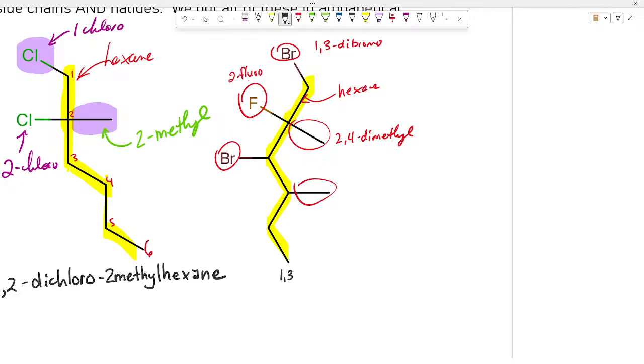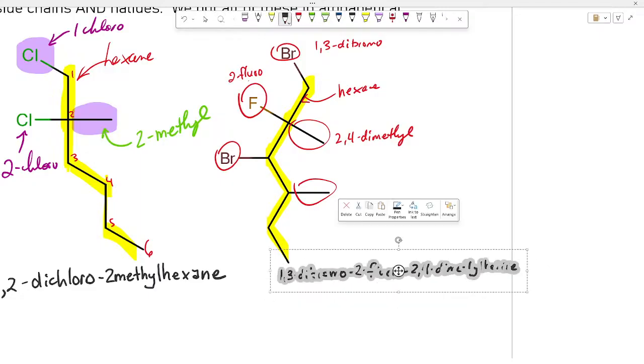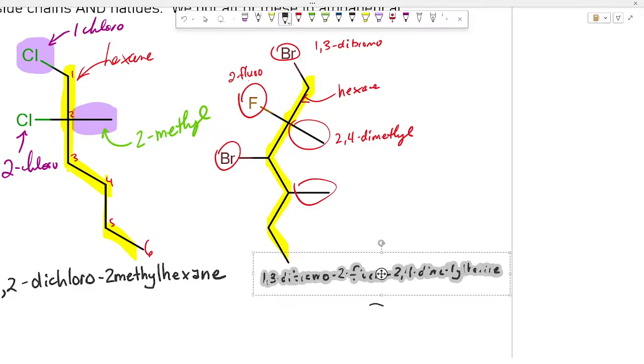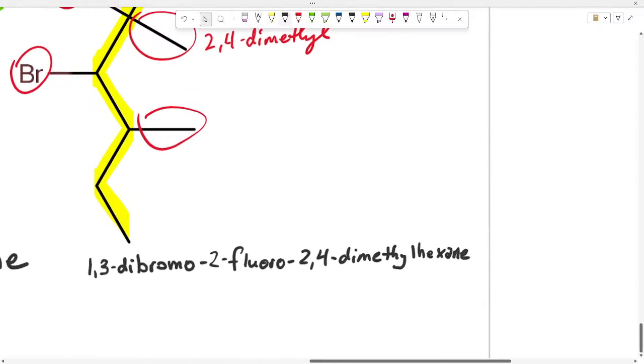So we said this is a 1,3 dibromo, 2 fluoro, 2,4 dimethyl, and then hexane. A clumsy name, to be sure, but it works, right? Any questions about that?